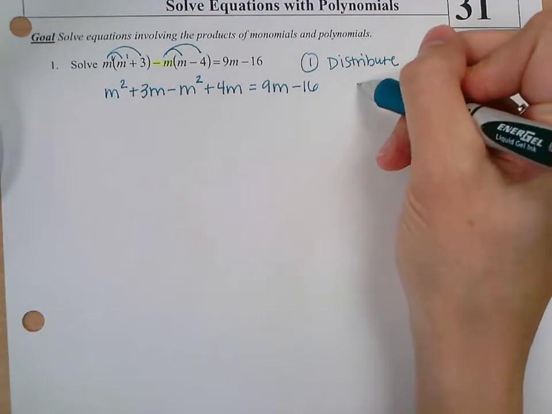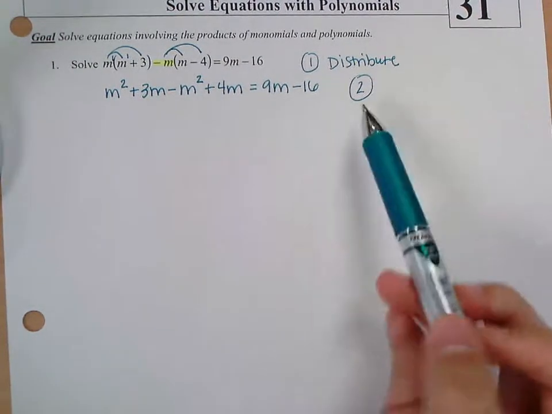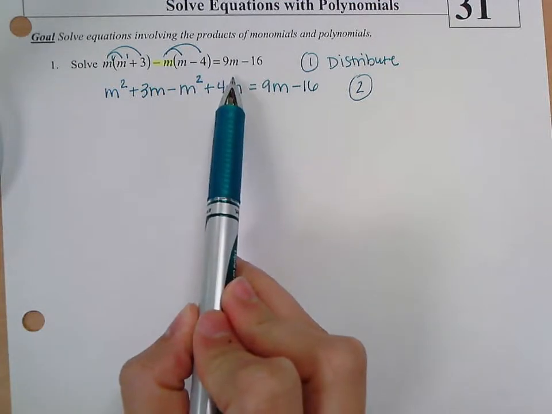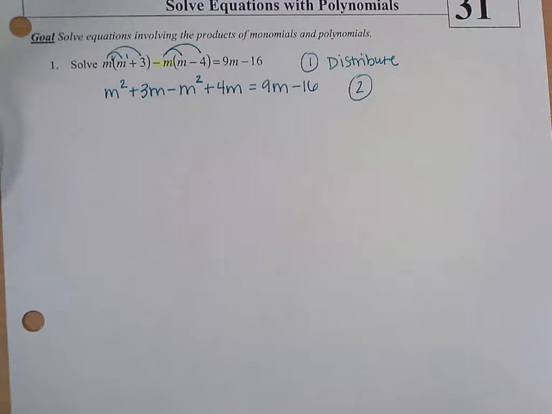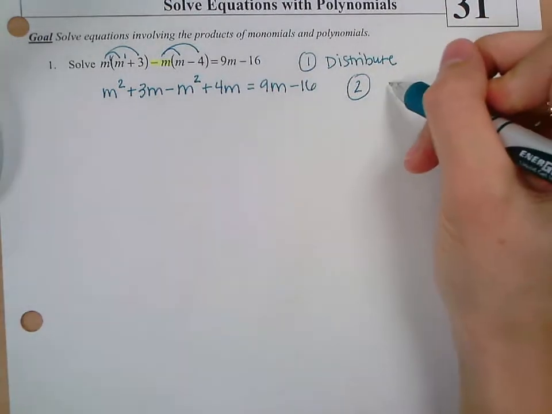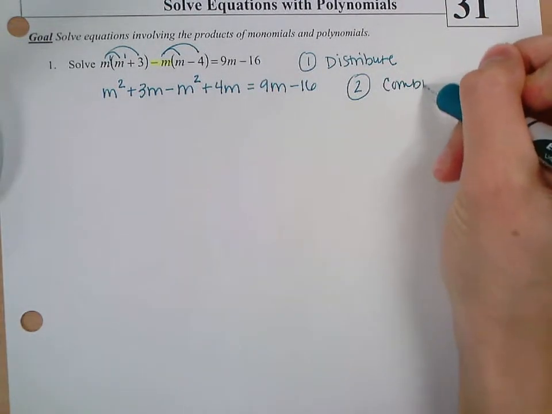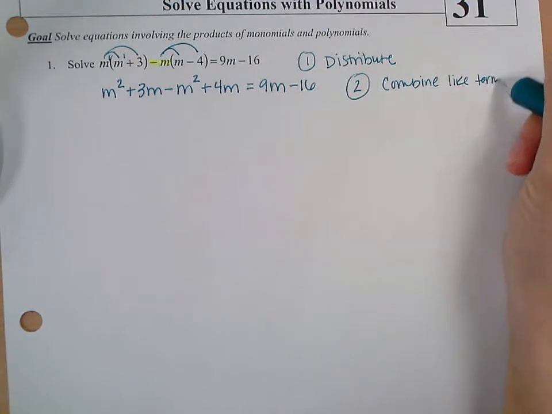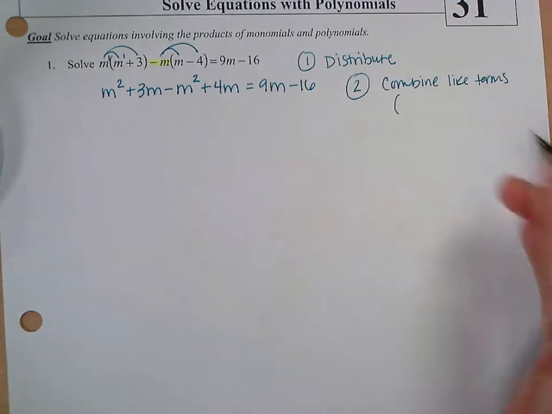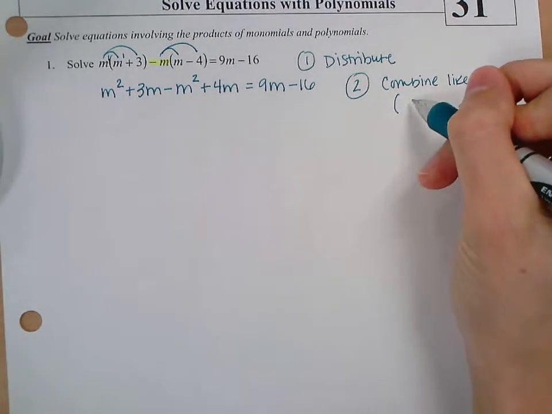Now my second step after you distribute is, notice on the left side where I distributed, always check to see if there's any like terms that you can combine. So your next step would be to combine like terms, but the like terms have to be on the same side of the equal sign.